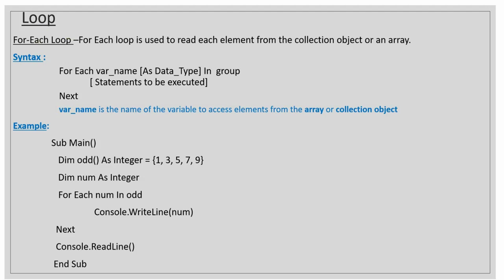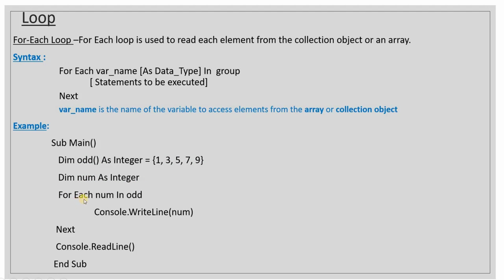Okay, now take an example. Sub Main. Dim, I create an array named odd as Integer, and the values are 1, 3, 5, 7 and 9. And another variable that is not an array, that is num as Integer.